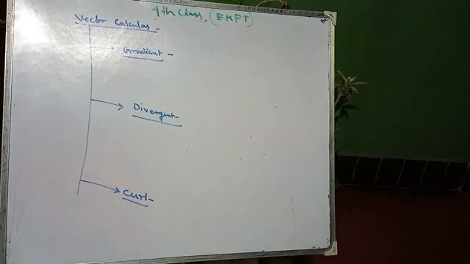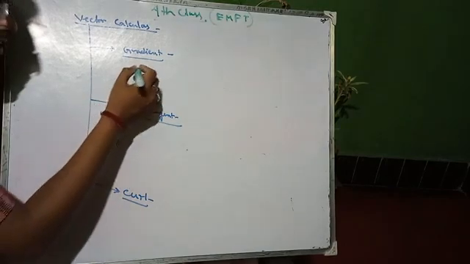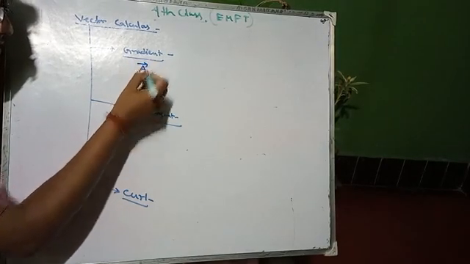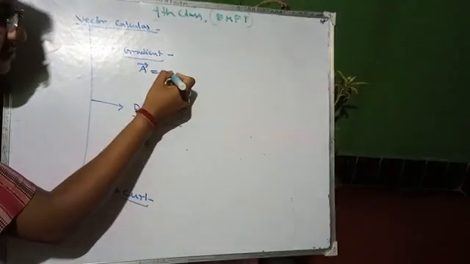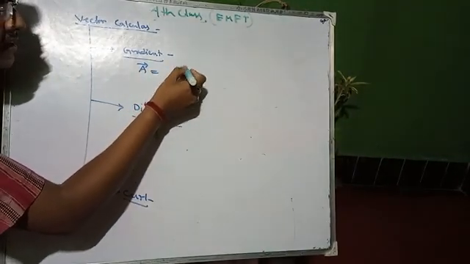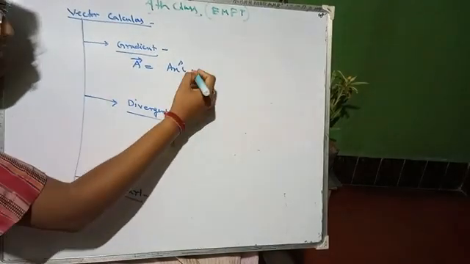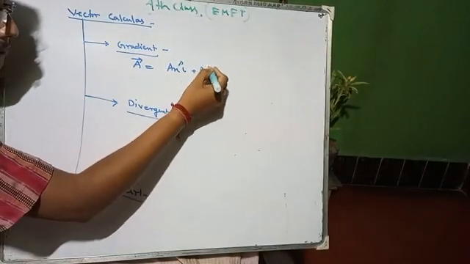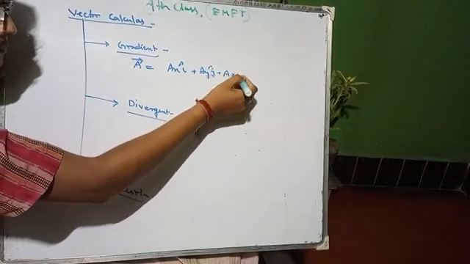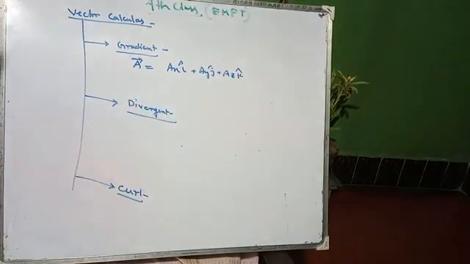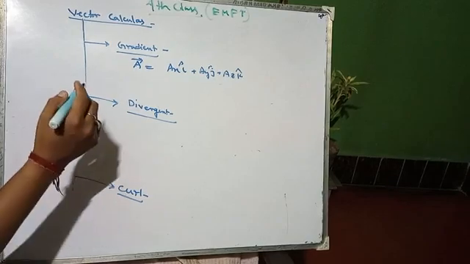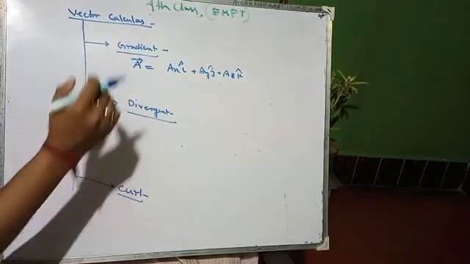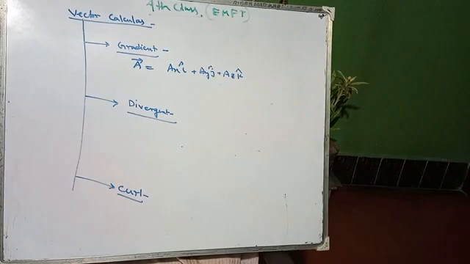So if we consider a vector A, and A has three parts, ax i cap plus ay j cap plus az k cap, then what is the gradient? Gradient is nothing but the three-dimensional change of this vector, taking the magnitude only.